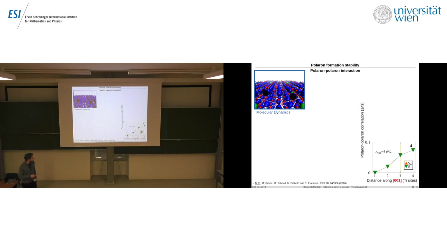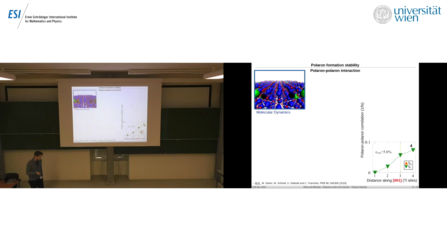And in fact, if you calculate the polaron-polaron correlation function, which basically counts how many times two polarons were found at a given distance, we found that at a low concentration of oxygen vacancies, so a low concentration of polarons, they like to stay far apart from each other, which is kind of a trivial result. The maximum distance is 4 sites in our slab. And therefore, we observe that most of the time they are at this distance.